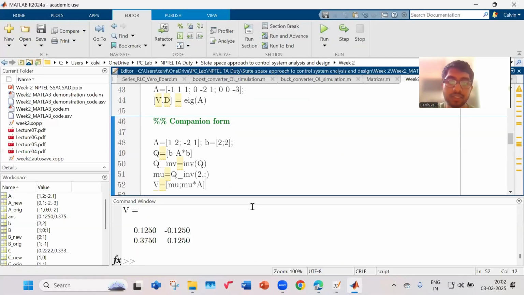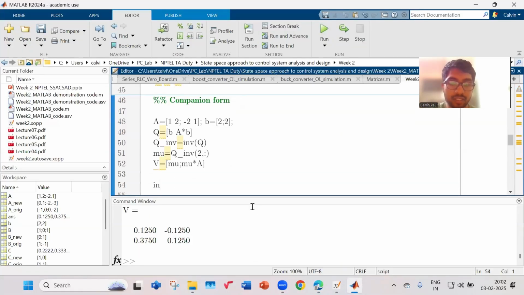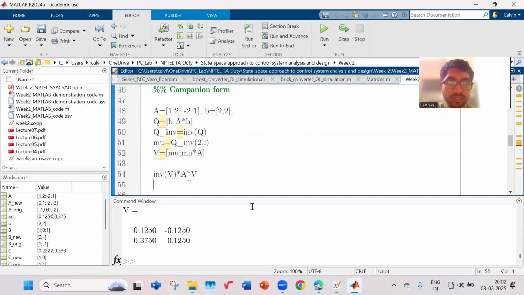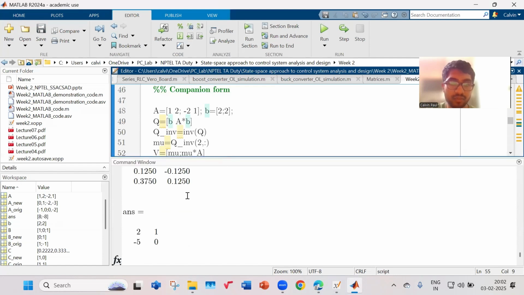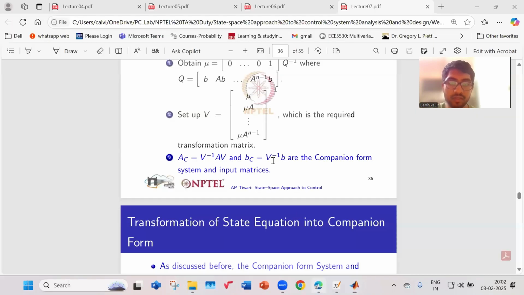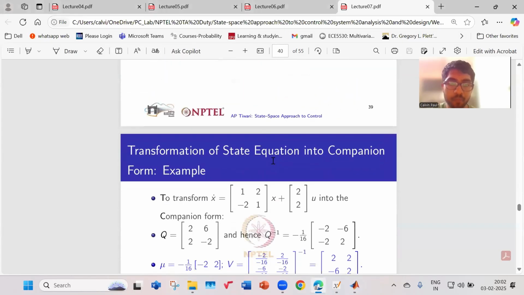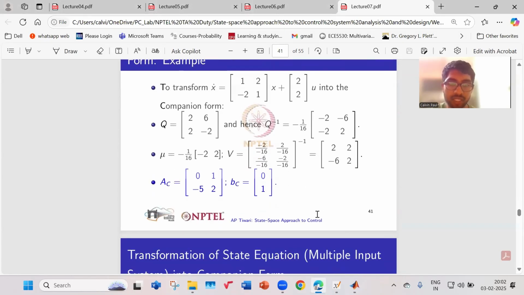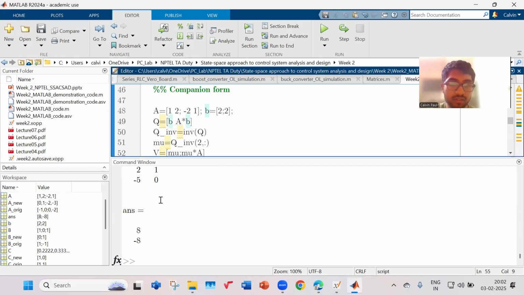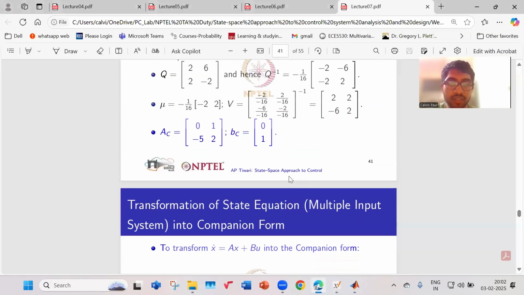AC is inverse of V into A into V, and BC is inverse of V into B. This is a transformation. So we run this section, we get it in this form. And if you see over here, they have also got the same thing. The AC they have got is a slightly different value, 2 1 minus 1 5 0, and B is 0 1.